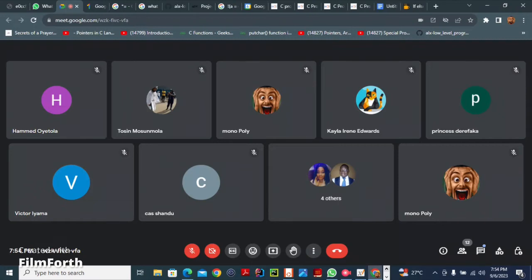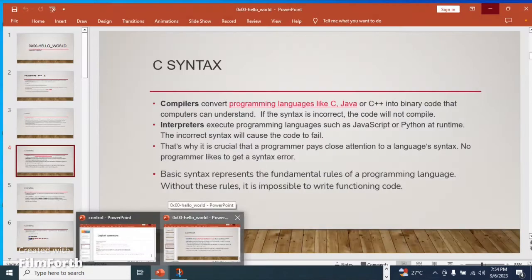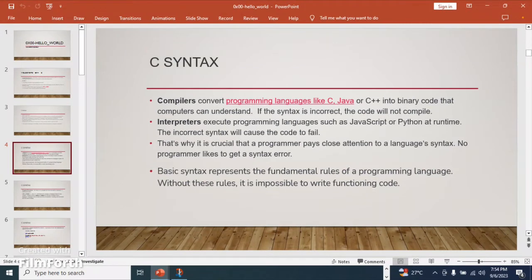There's also what we call compile time. Compile time refers to when the compilation process is being done. Those two are different things that you should take note of. Compile time is when the compiler is converting the program into an executable file. And then there's the runtime, which is when the executable file is being run.